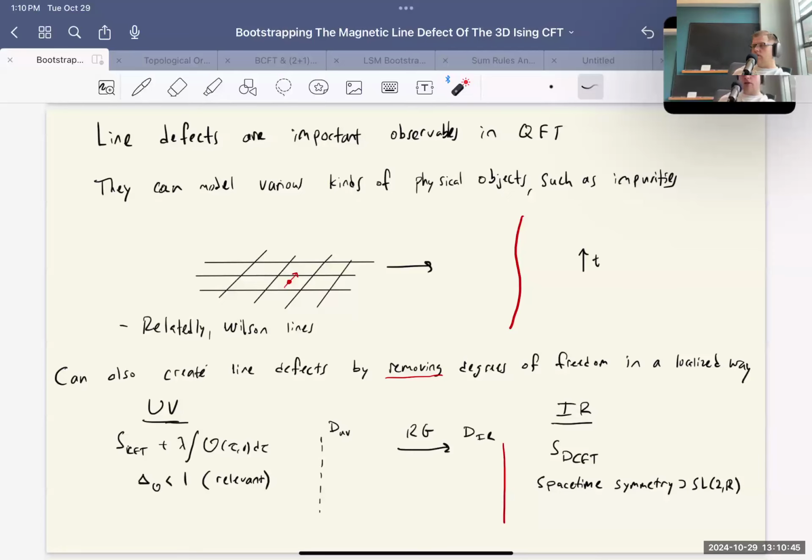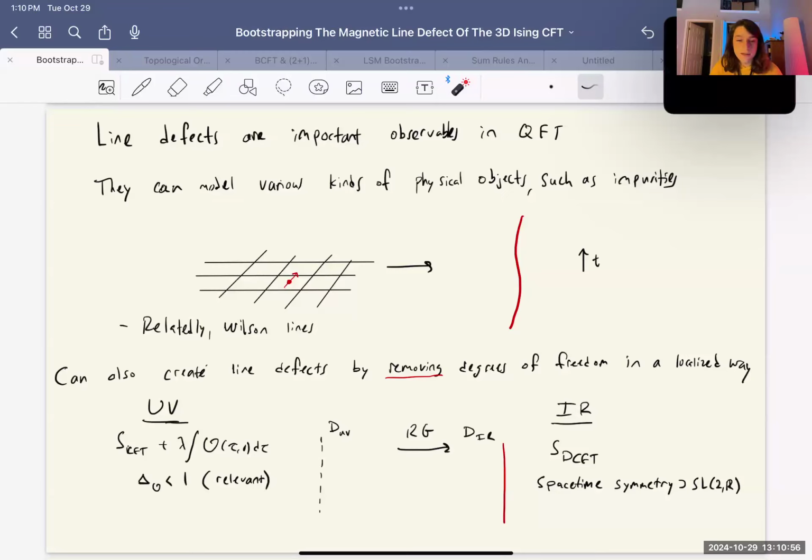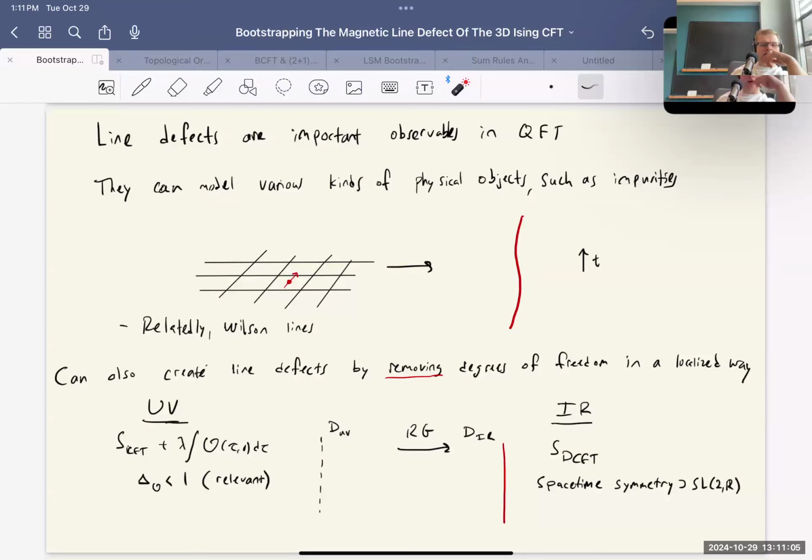Silly question. Is your theory reflection positive? Yeah, I'm only going to talk about reflection positive theories here. Is it easy to find operators with delta less than 1? Yeah, like in the Ising CFT in 3D.